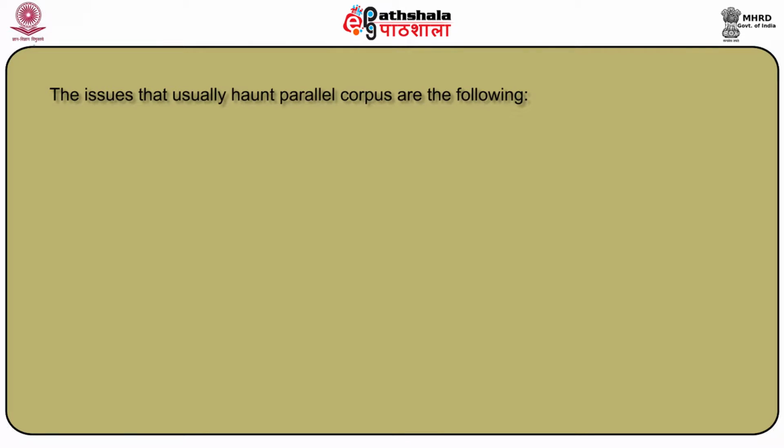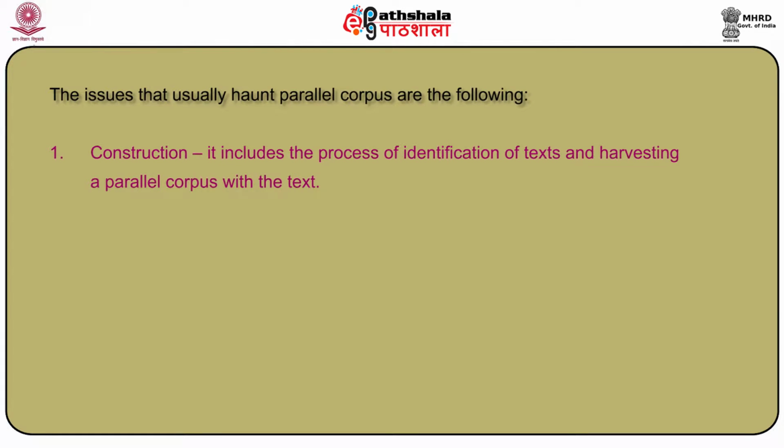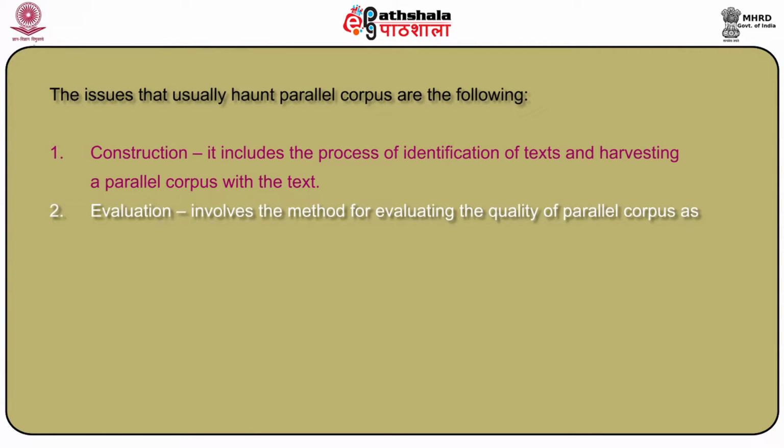The issues that usually haunt parallel corpus generators are the following. First one, construction. It includes the process of identification of texts and harvesting a parallel corpus with the texts. Evaluation. That means it involves methods for evaluating the quality of a parallel corpus as well as the quality of the texts included in it.